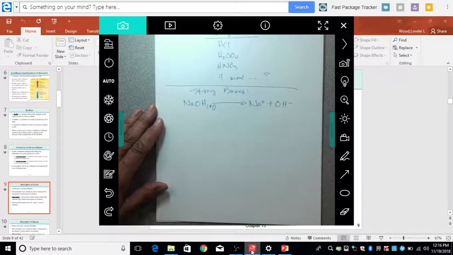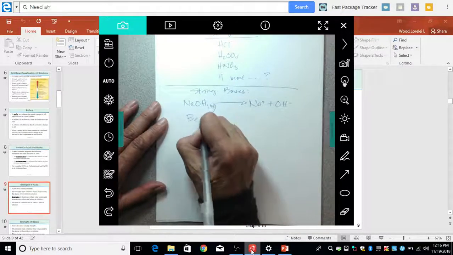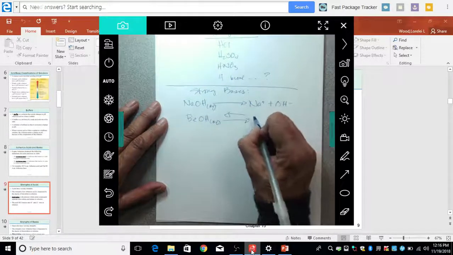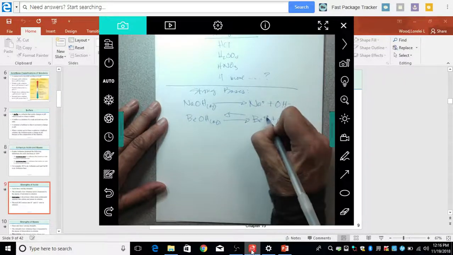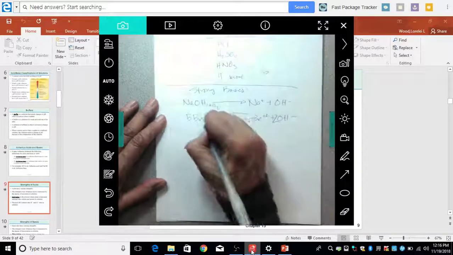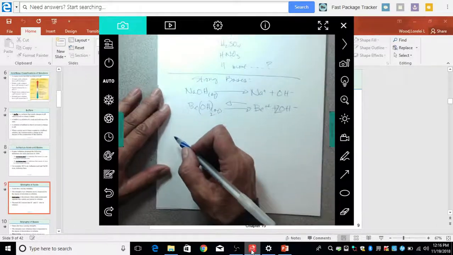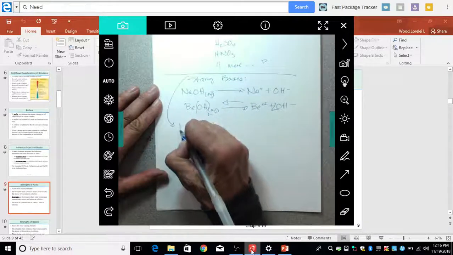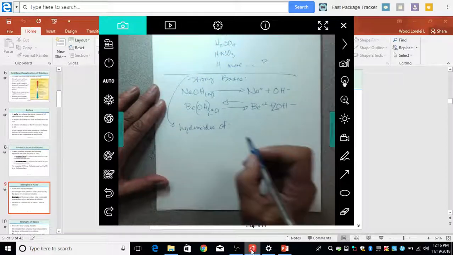If you have a weak base, something like, let's see, beryllium hydroxide, remember which one was weak, it's going to have an equilibrium arrow because you're only going to have a few of those things breaking up. All right? So strong bases. To know the strong bases, the strong bases are the hydroxides of all alkali metals.